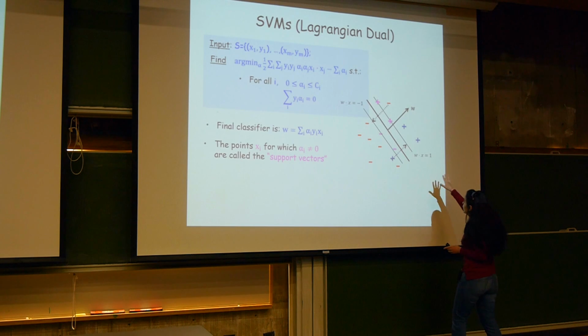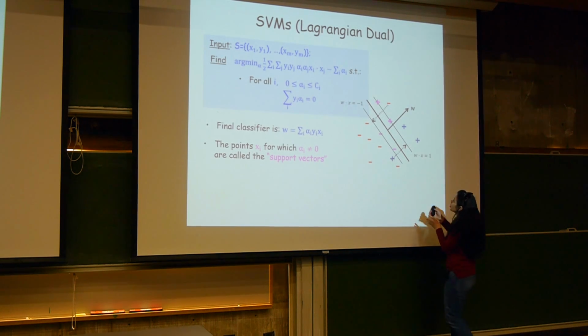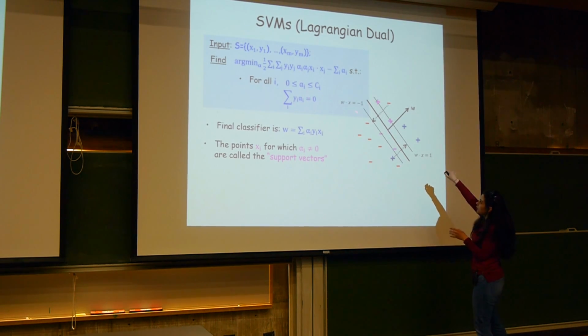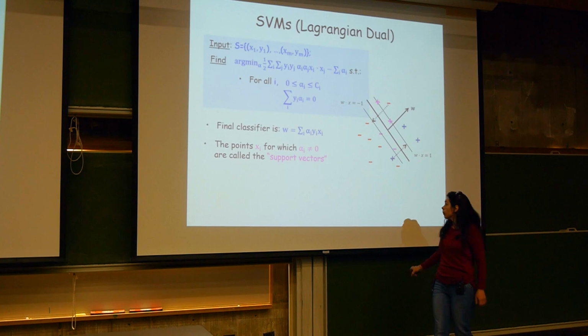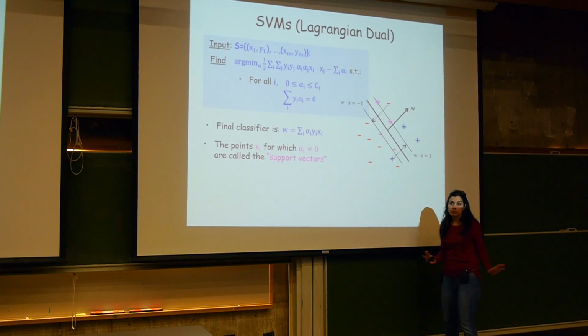There are these two important hyperplanes. I need to make sure that all the positive points are on this side, all the negative examples are on this side. If you analyze the dual, you can argue that the classifier SVM outputs can be written as a weighted sum of these support vectors, the points that fall right on this hyperplane and this hyperplane.